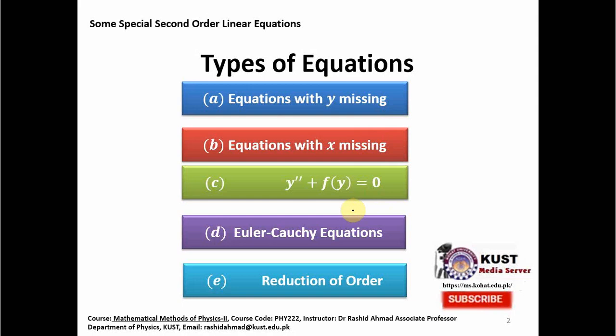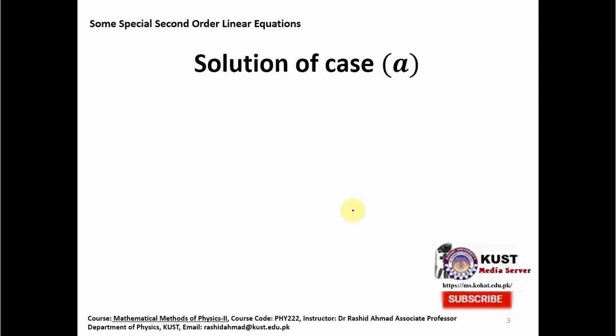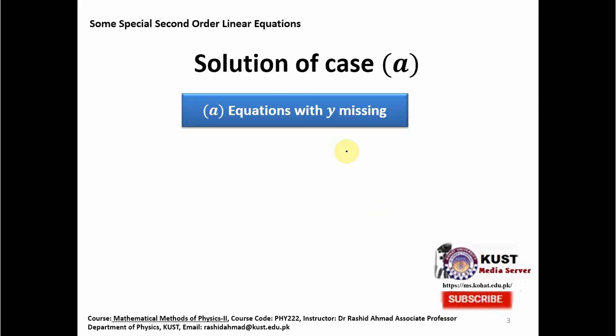So let's start with the first case. As I have mentioned, these are the equations where the y variable is missing. So what shall we do when the y variable is missing?